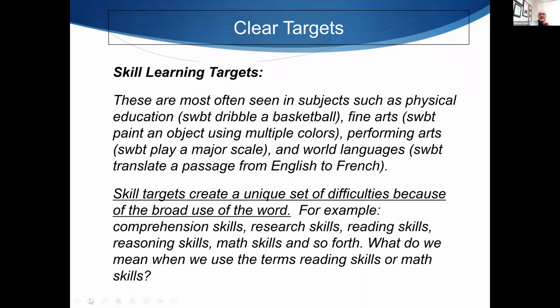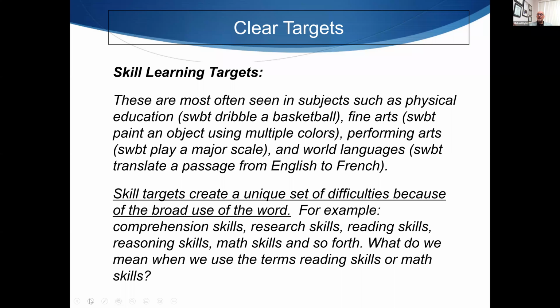Skills, really, this is the oldest form of target there is. The old apprenticeship where someone had to learn to build a clay vessel or build a wooden table or put concrete together, things that required training for skills. Nowadays, we can take that further. We look at the physical activities. I have an example of basketball here, throwing a football, sports, fine arts.